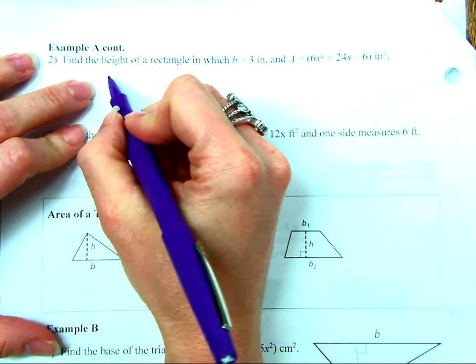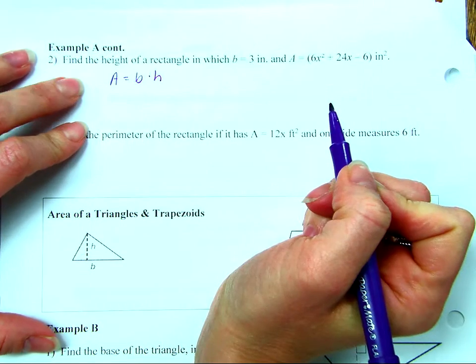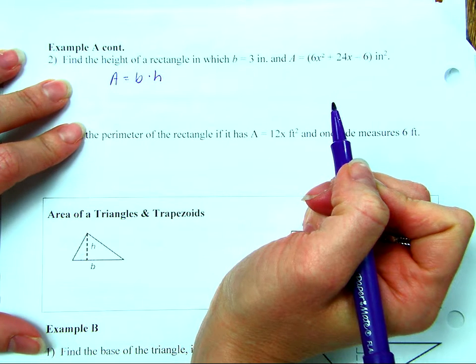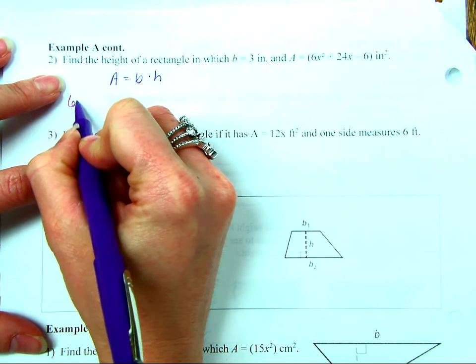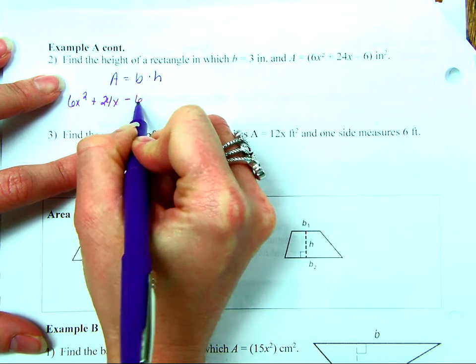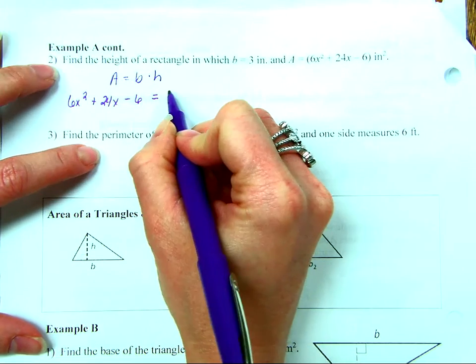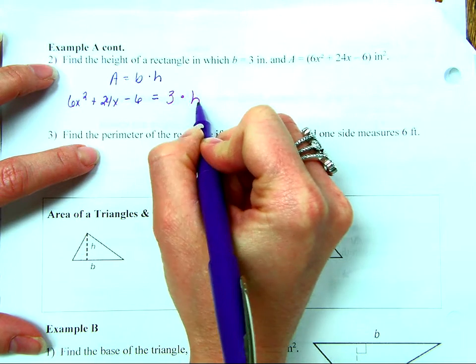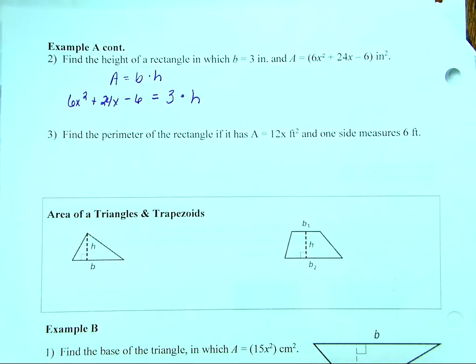Again, if I'm thinking about my formula for a rectangle, area equals base times height, I'm going to plug in the information that I know. I know my area is 6x squared plus 24x minus 6. I know that my base is 3, and I am essentially looking for my height. So here I would be solving for h.